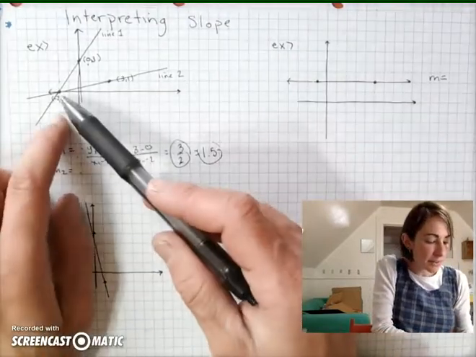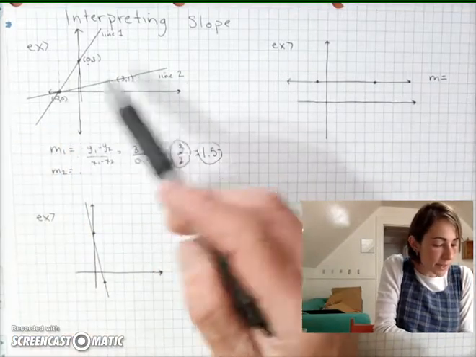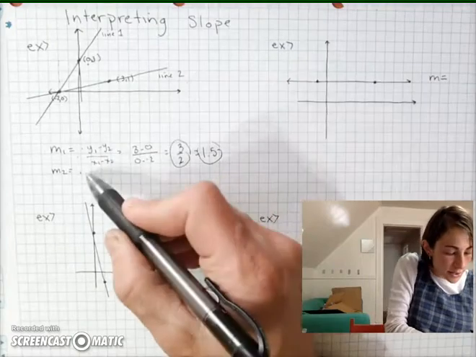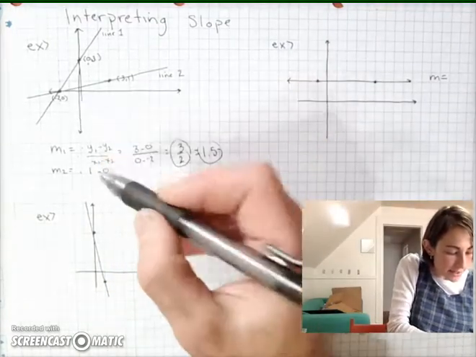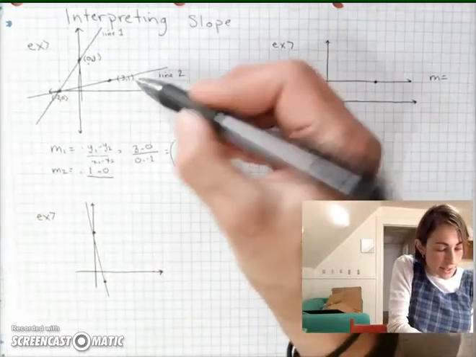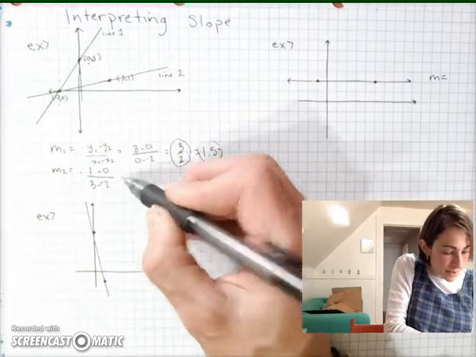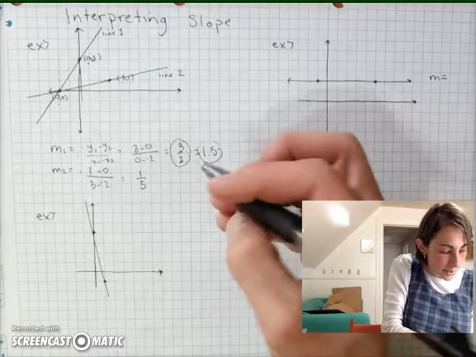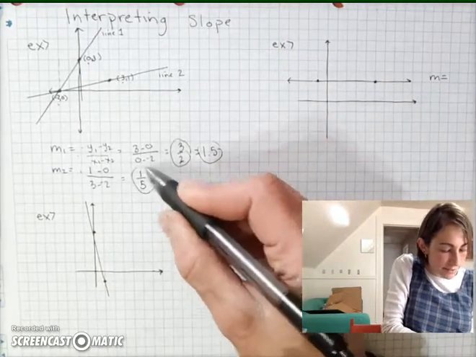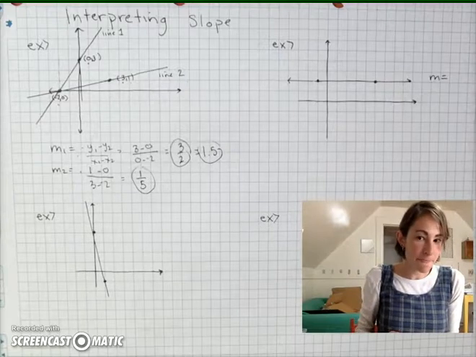Now we'll get the slope of line 2, and that has points 3, 1 and -2, 0. So the change in the y's will be 1 minus 0, and the change in the x's will be 3 minus -2, and that gives us 1 over 5. And 1 over 5 is smaller than 3 over 2, isn't it?